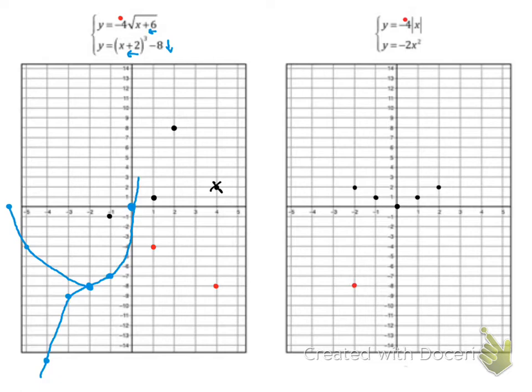So the first one, 2 times -4 is -8. 1 times -4 is -4. 0 is 0. And then these are just reflected, or if you want to multiply them out. Right there. And if we're looking at it, there's no shift. So here is our final graph for the first function there.